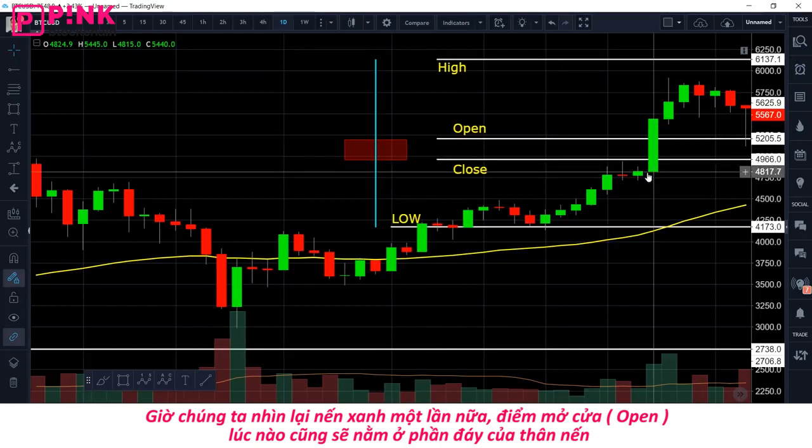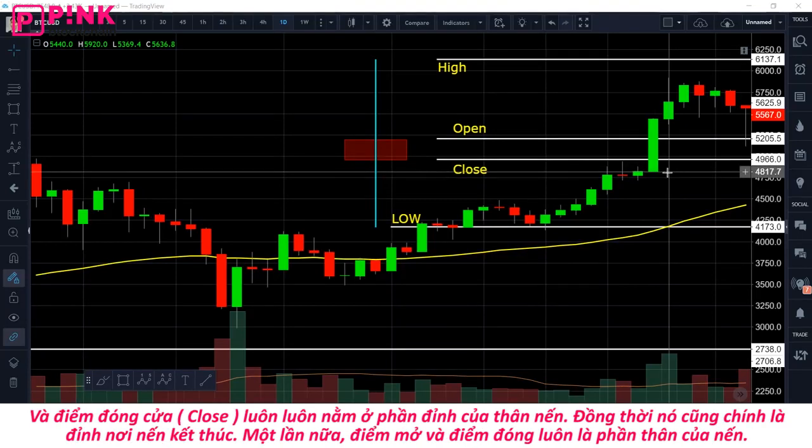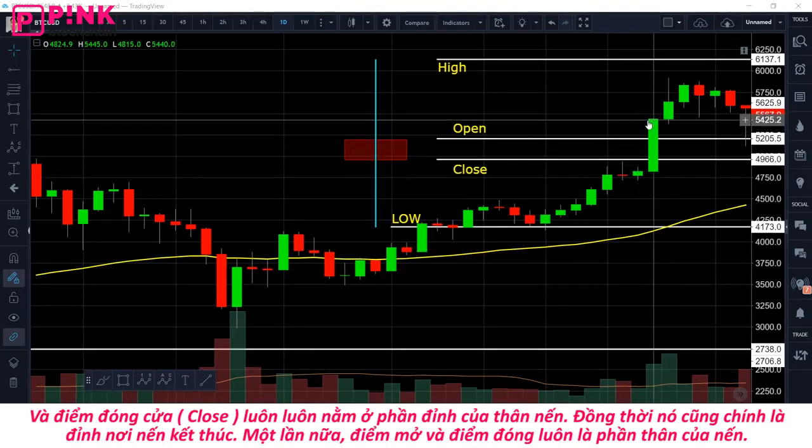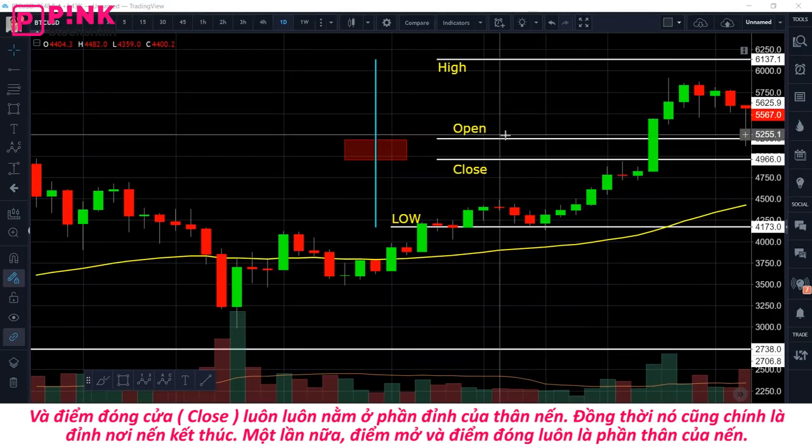Now on a green candle, once again, the open is always on the bottom of the candle, okay, guys? The bottom. And then the close is always where the high is over here, or where the body ends, okay? So once again, the open and the close are always where the body of the candle is.